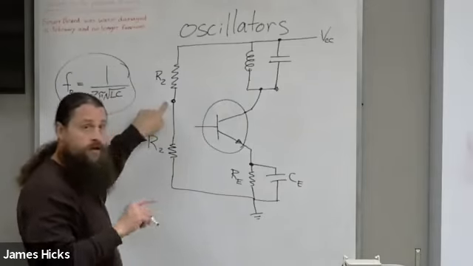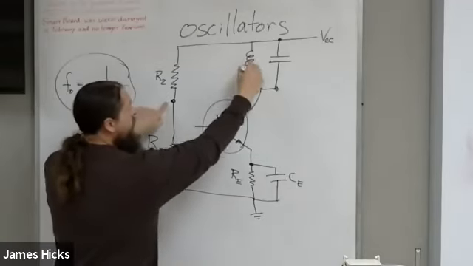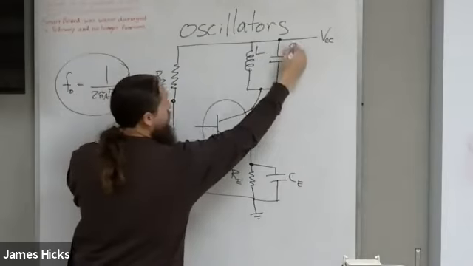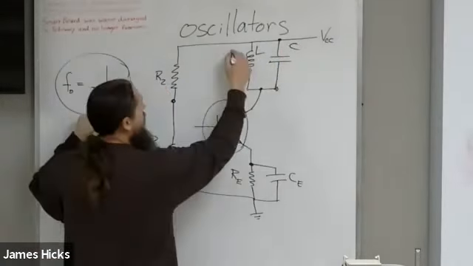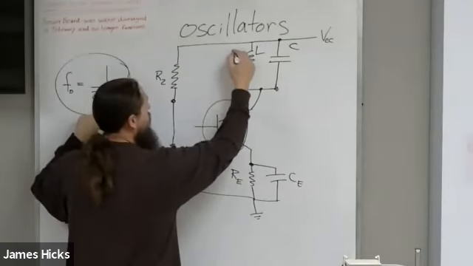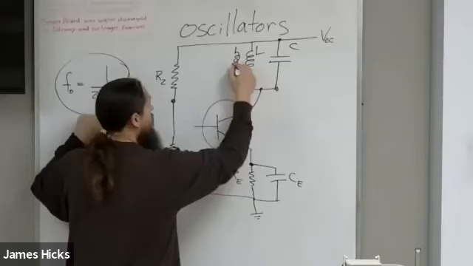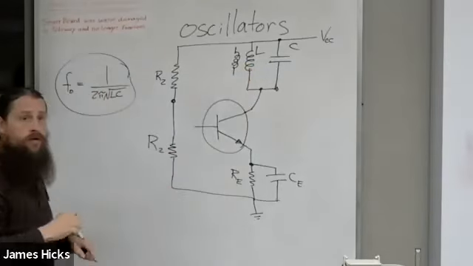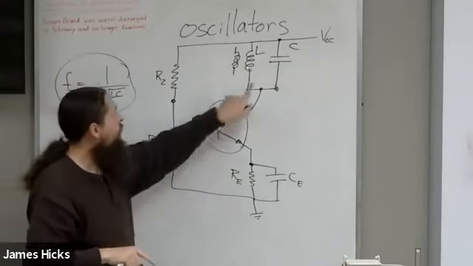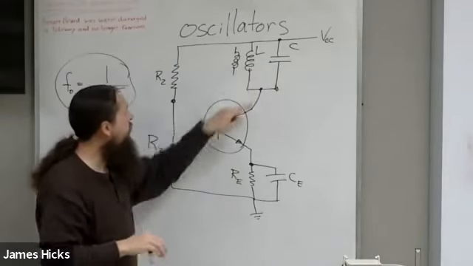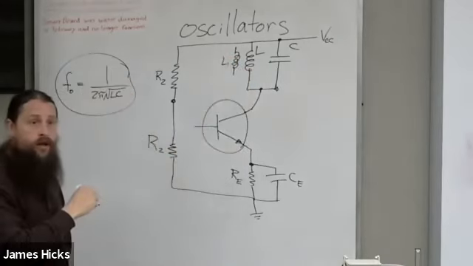A simple way to do this is by taking this L and this C in this equation and making this a transformer. So two coils next to each other. Whatever signal goes to L induces the exact same signal in L1.